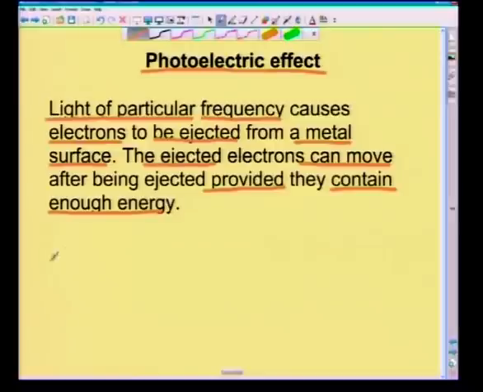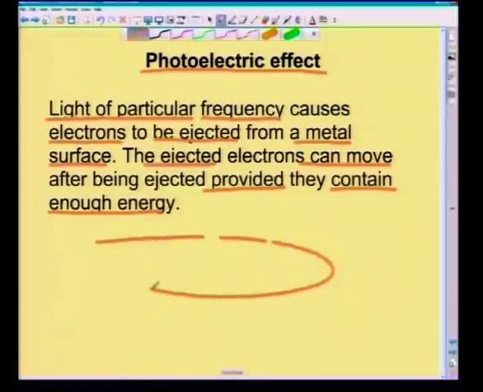In other words, if you have electrons on a metal surface, say this is a metal surface, and the dots represent electrons, these electrons, when light is shone on them, can be ejected. So this electron, for example, can move out.